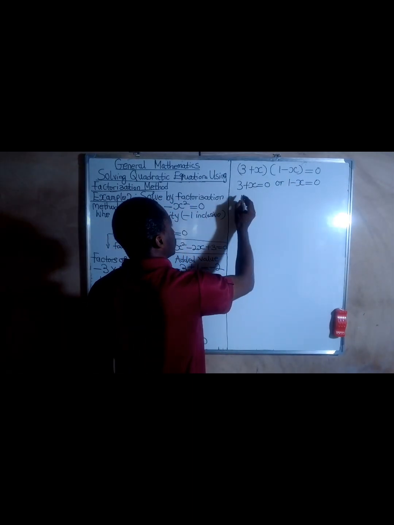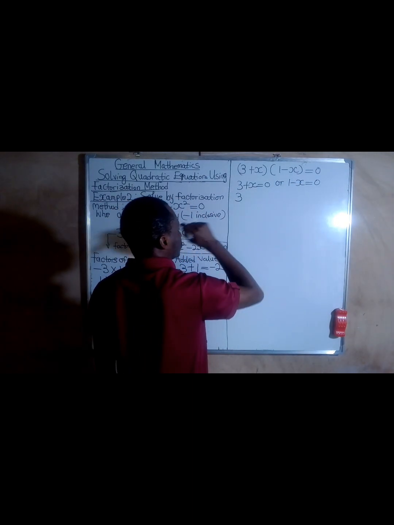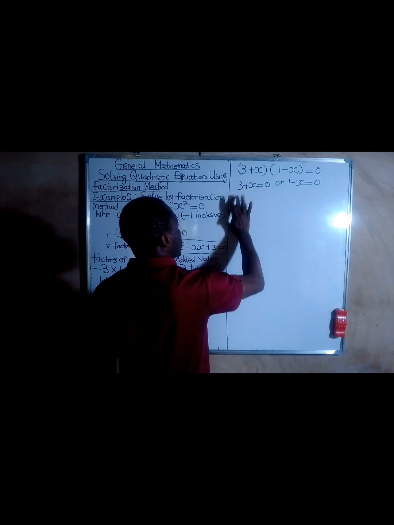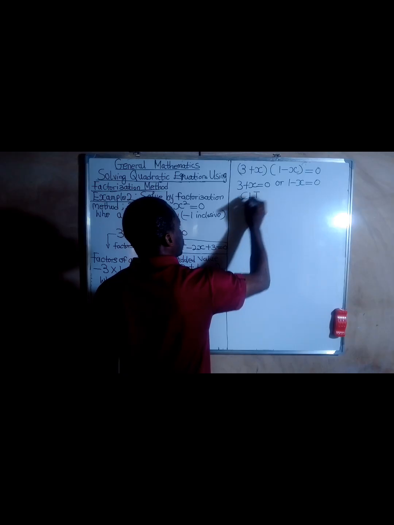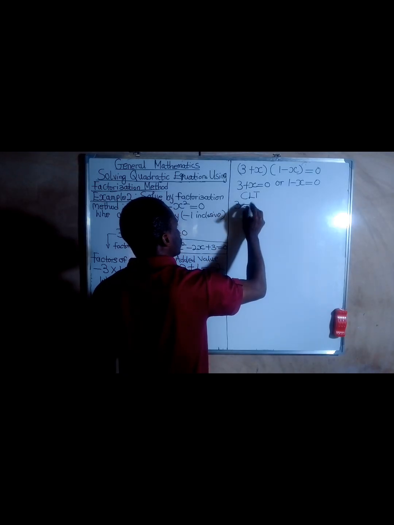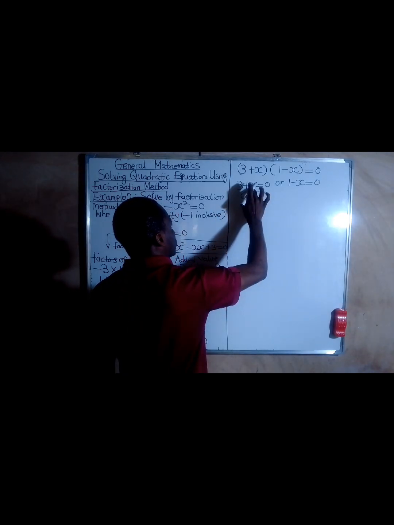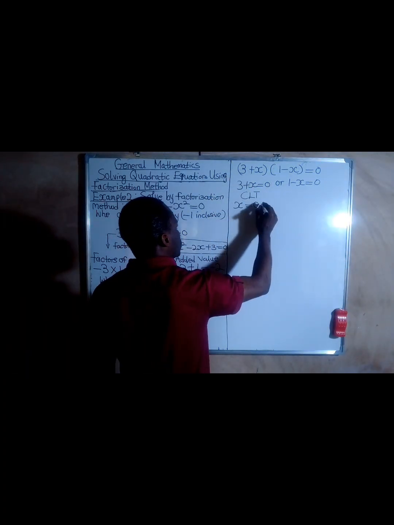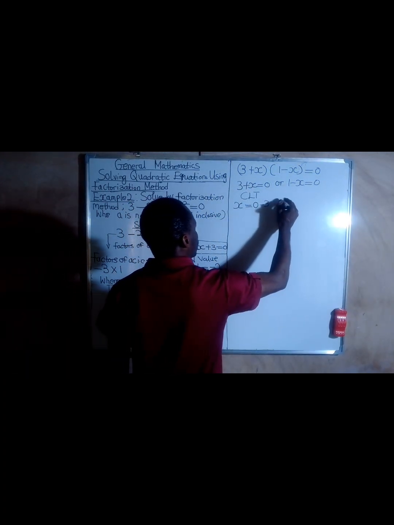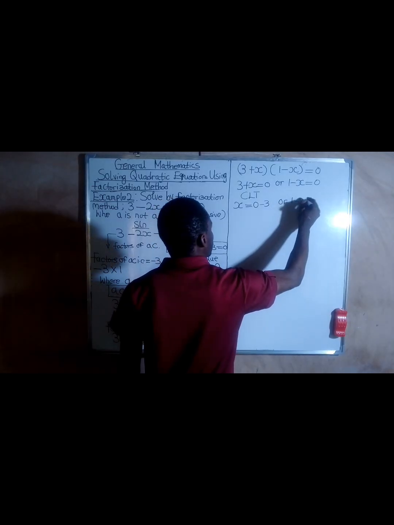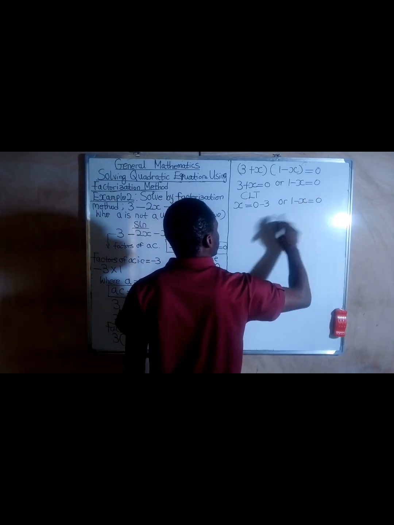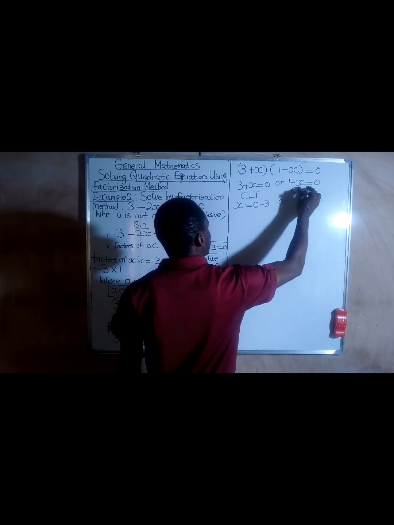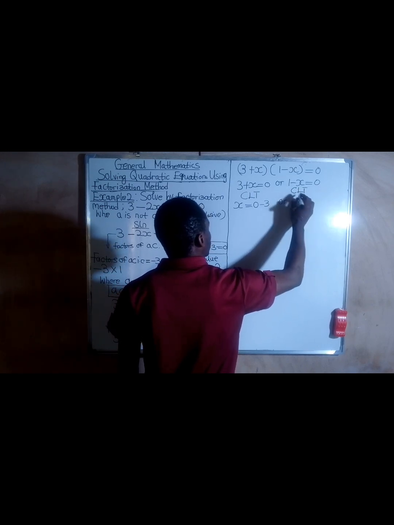Now you collect like terms, sorry. x is what you're looking for, so x equals 0 minus 3, or 1 minus x equals 0, although I'm collecting like terms already.